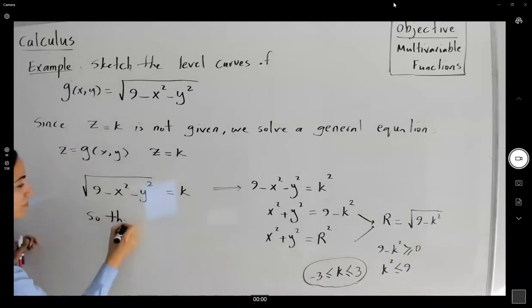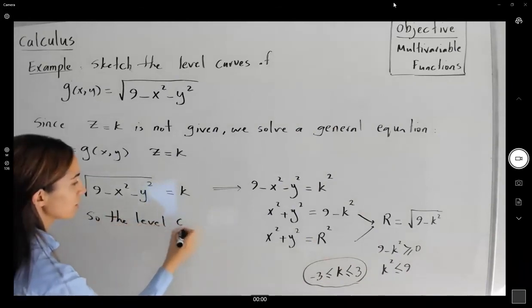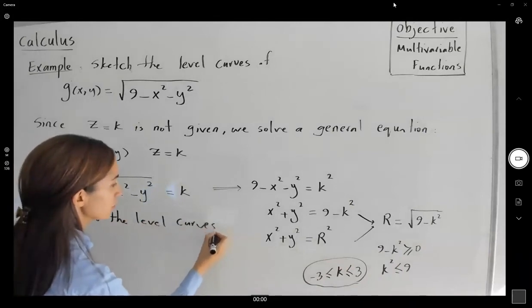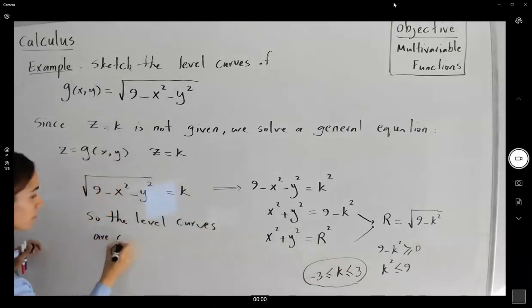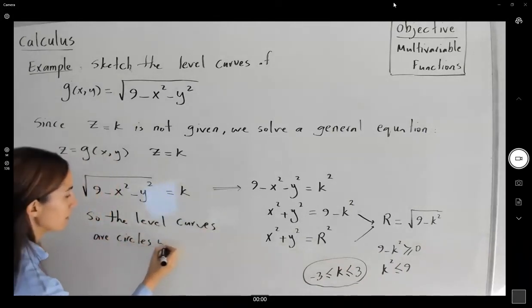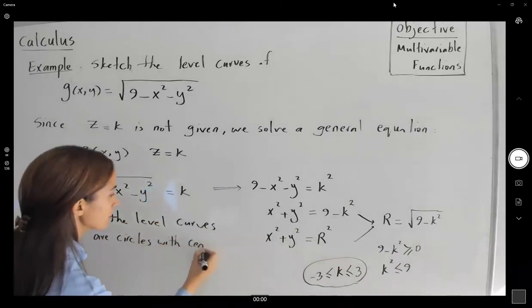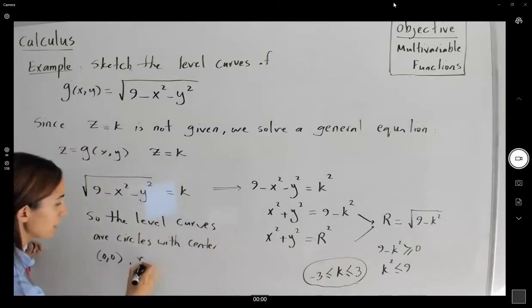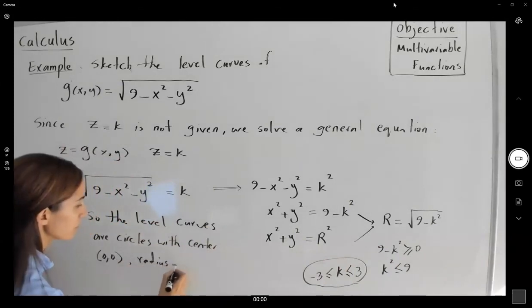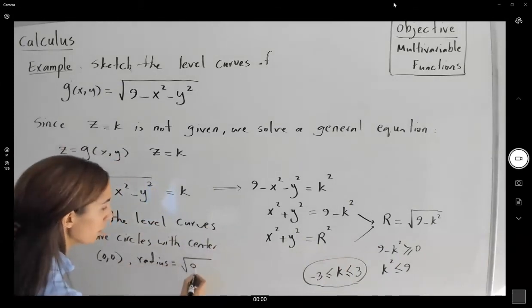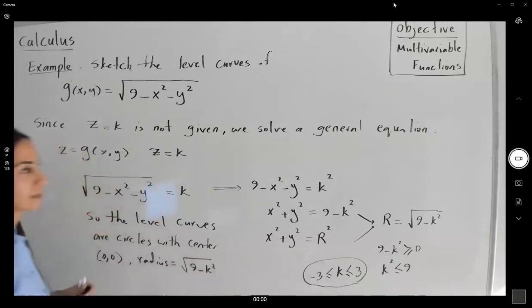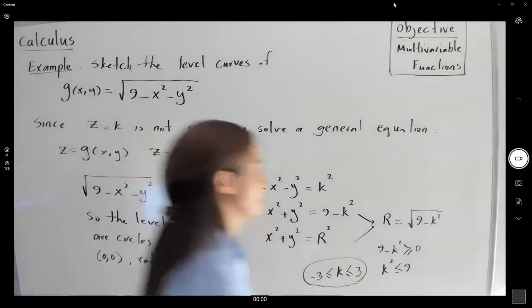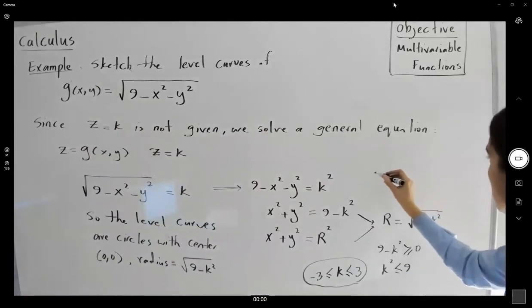So the level curves are circles with center (0, 0) and radius equal to the square root of 9 minus k squared. You can easily graph this.